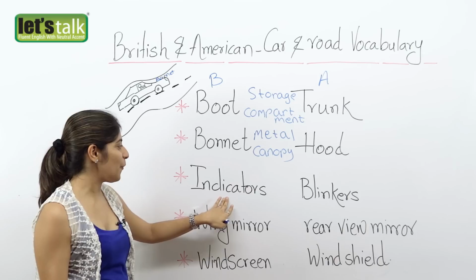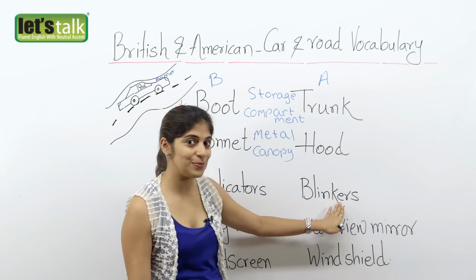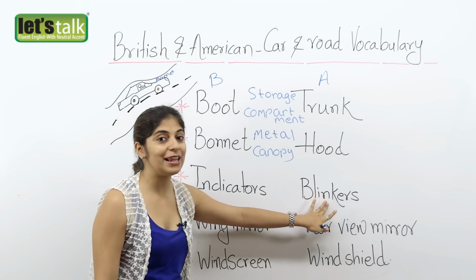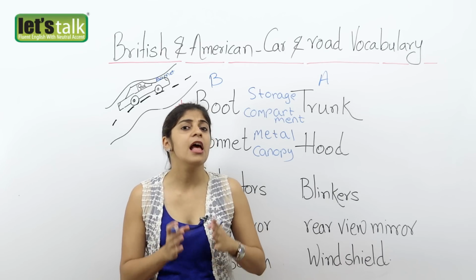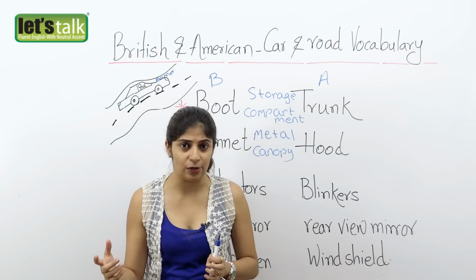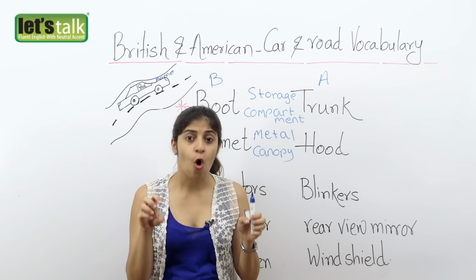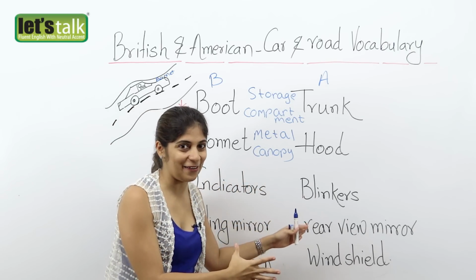Let's have a look at another word here, indicators and blinkers. Now, indicators and blinkers are the signal. You know, when the driver has to turn left or right, we activate the signal. So the lights flashing or blinking are the indicators or blinkers, okay?